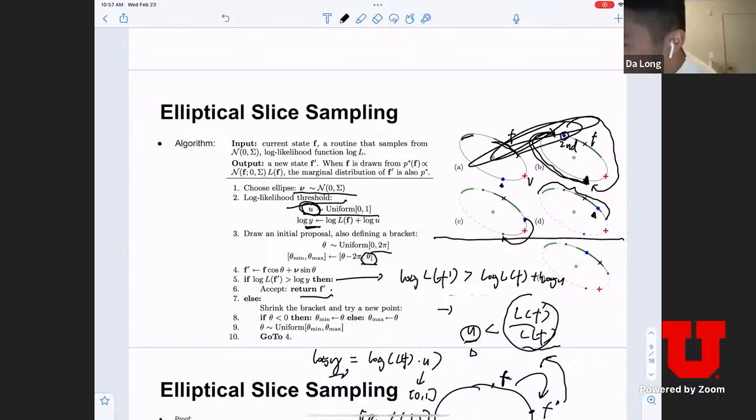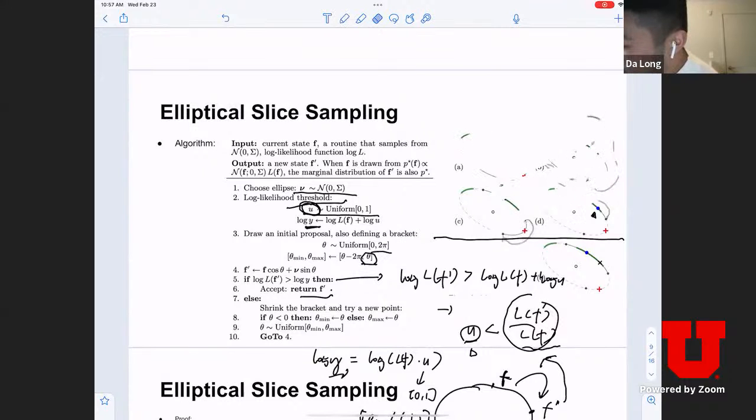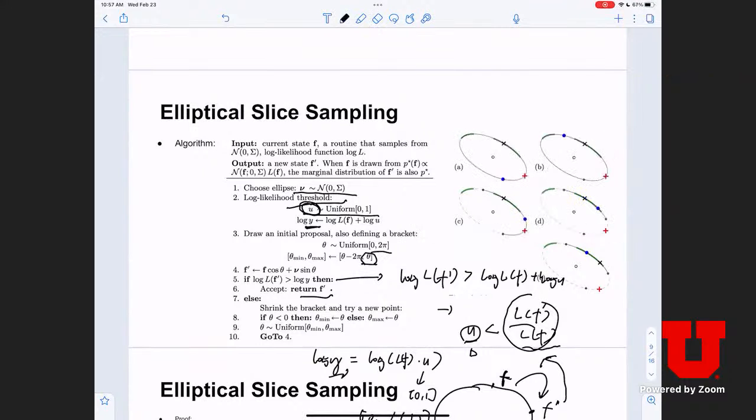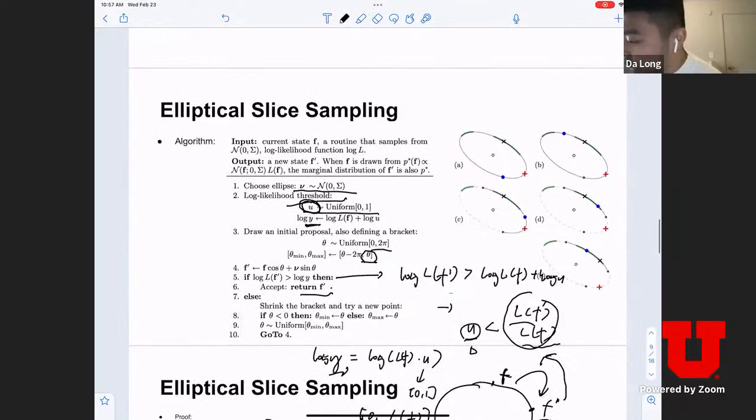Okay, so the shrinkage means this is the current sample, and this is the V. For the first two choices, you just sample from 0 to 2 pi, and let's assume you get the first sample here and the second sample here, and then you start the shrinkage.